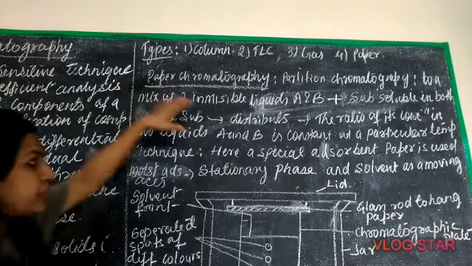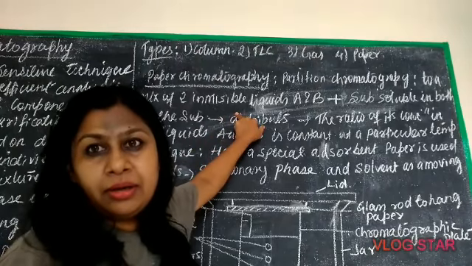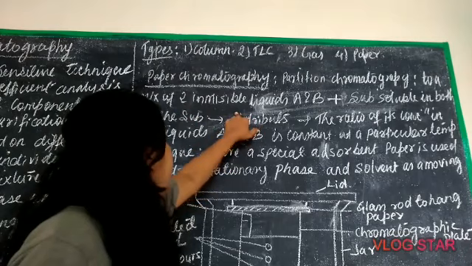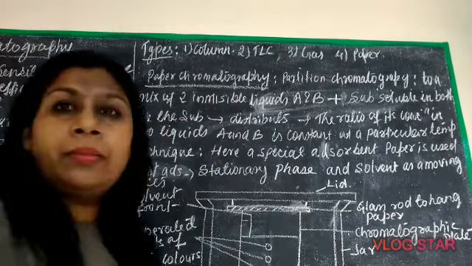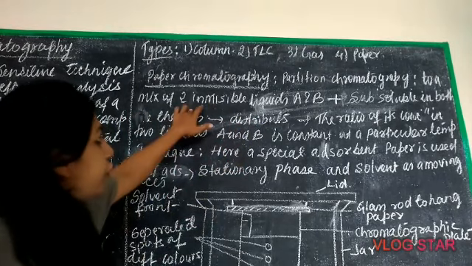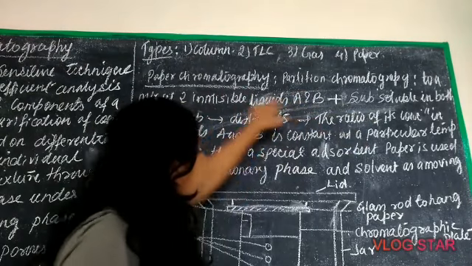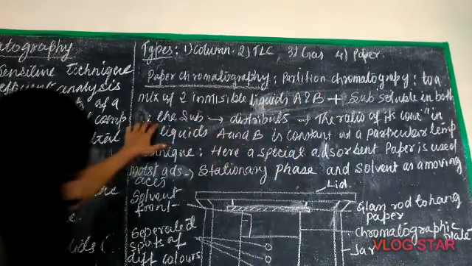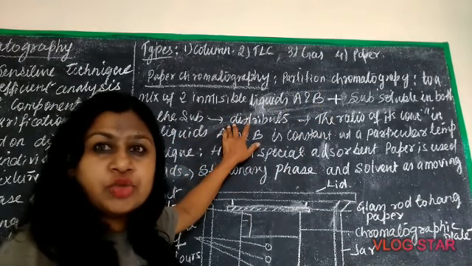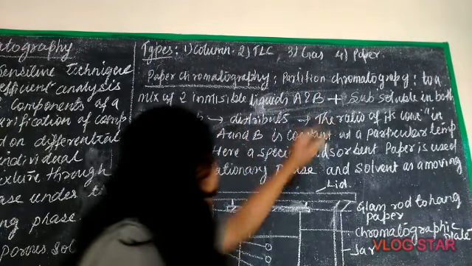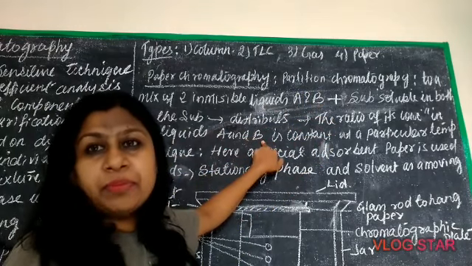Now if you see here the principle, we have taken a mixture of two immiscible liquids, A and B. If a substance which is soluble in both A and B is added, then the substance distributes itself in such a manner that the ratio of its concentration in the two liquids A and B is constant at a particular temperature.